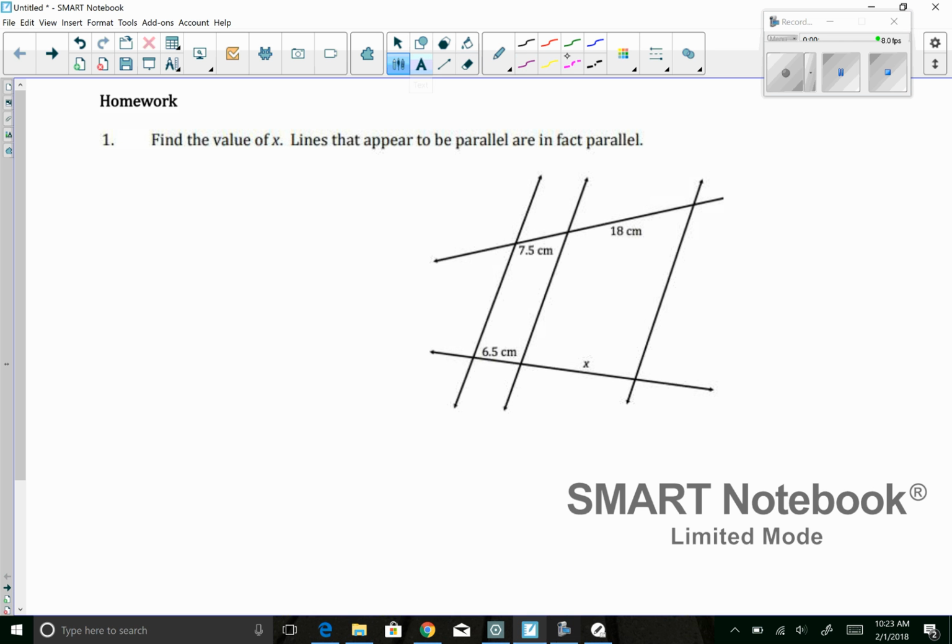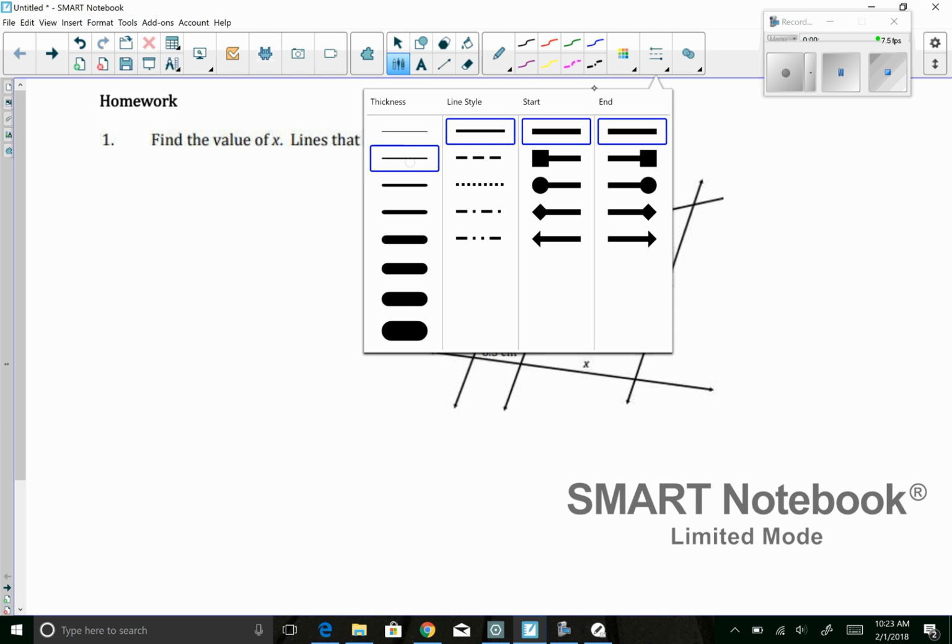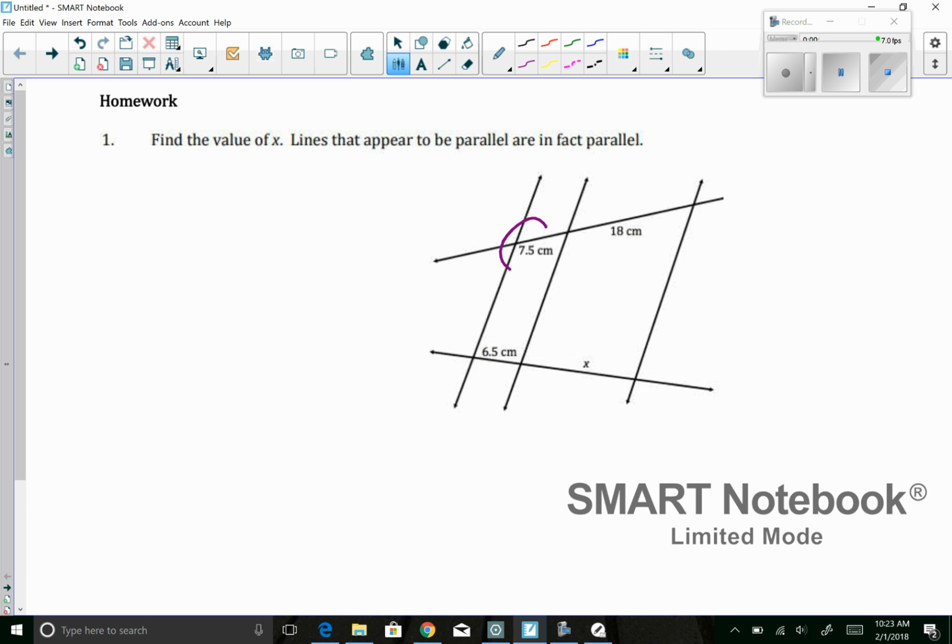In this first question, we see that the segment of 7.5 becomes 18, the same way that 6.5 becomes x. So if we set up a proportion, I could say 7.5 over 18 is equal to 6.5 over x.